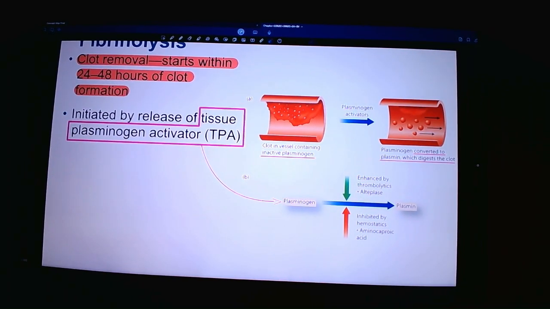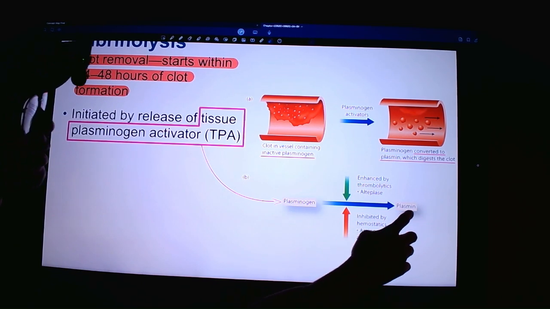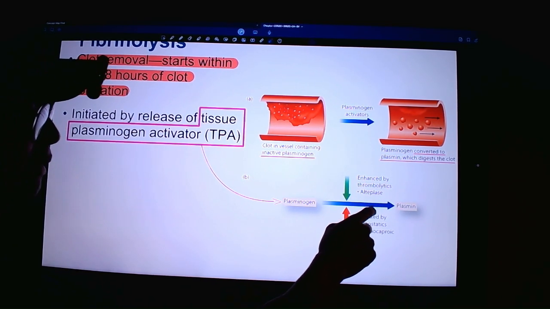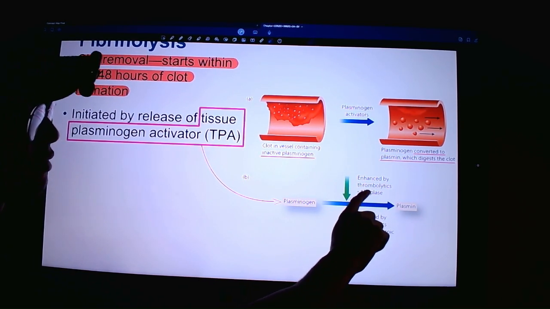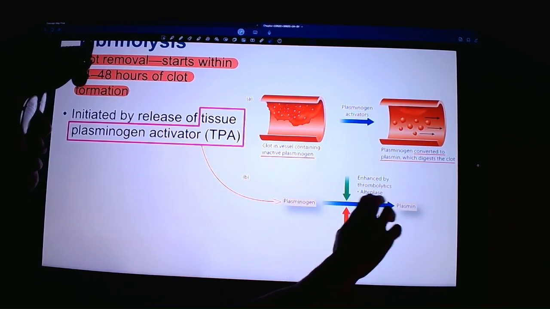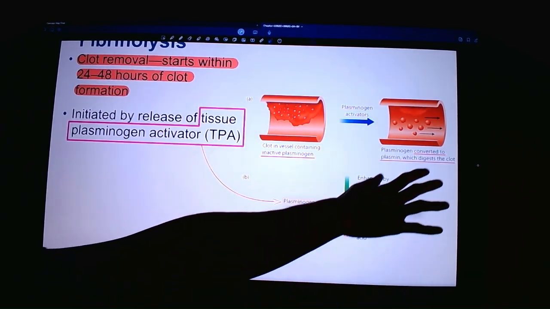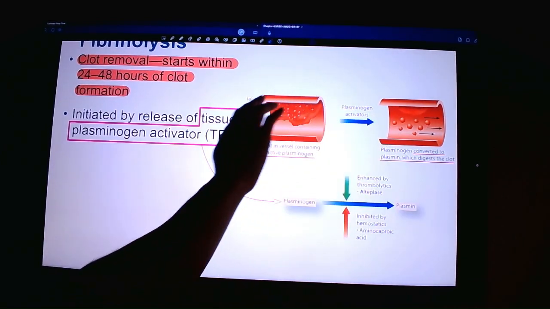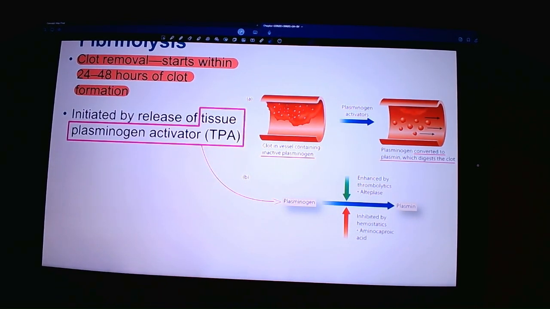I did my best to put a couple of connections, right? Just to point out plasminogen getting turned into plasmin, right? This drug right here is enhancing the thrombolysis. All this we can refer to as thrombolysis. Thrombo meaning clot, lysis meaning breaking down.